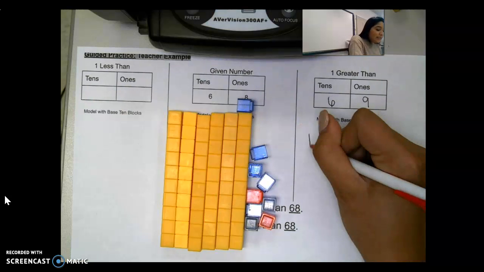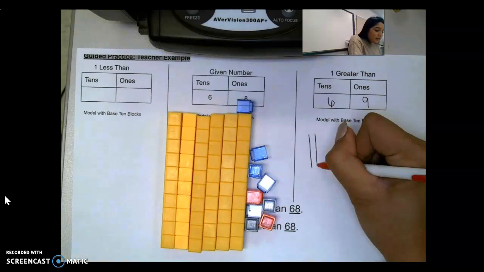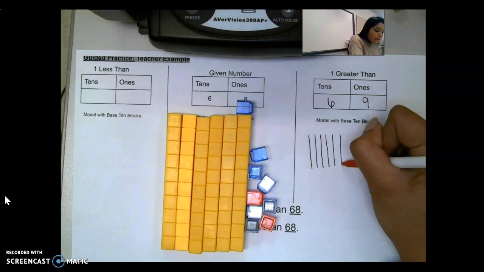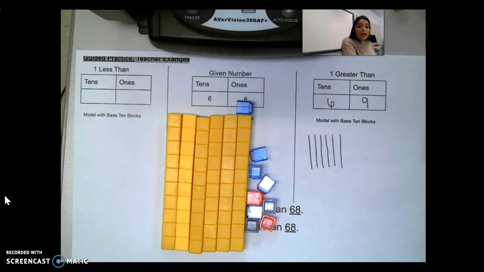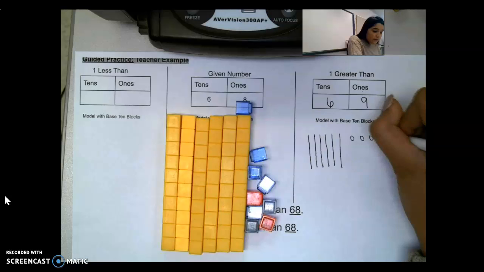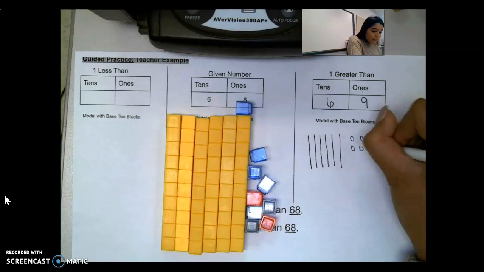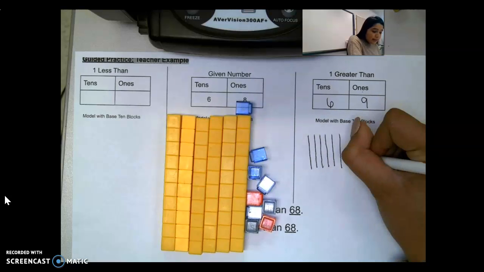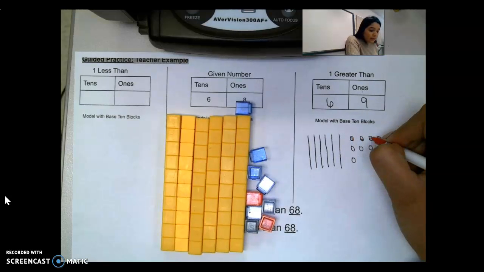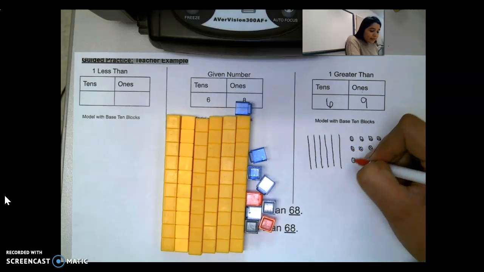I'm going to draw 6 10s, 1, 2, 3, 4, 5, 6, and 9 1s. 1, 2, 3, 4, 5, 6, 7, 8, 9. So draw 9 1s. So I'm going to fill them in just like this.